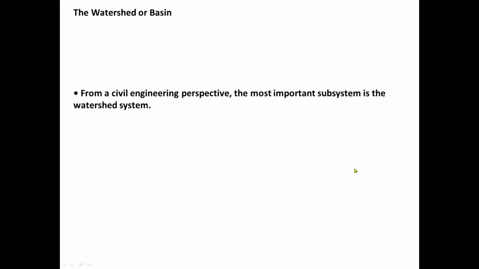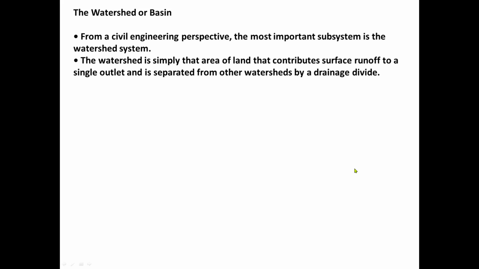First, we have the watershed or basin to be defined. From a civil engineering perspective, the most important subsystem is the watershed system. The watershed is simply the area of land that contributes surface runoff to a single outlet and is separated from other watersheds by a drainage divide.